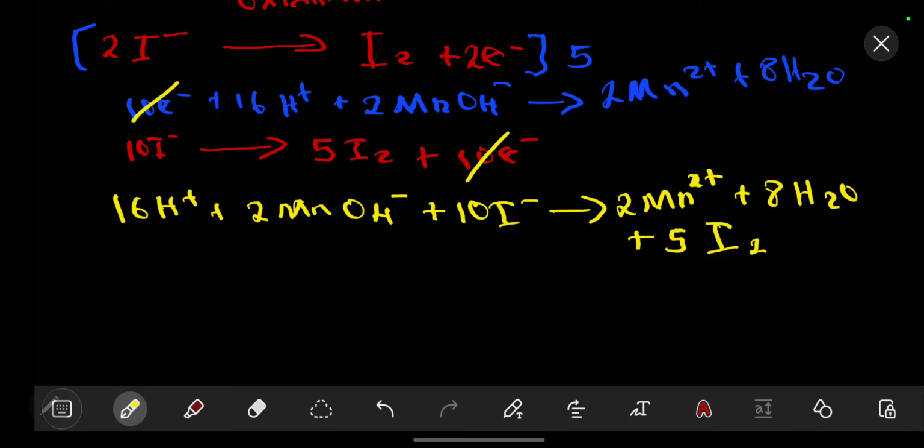So this is how we balance equations in acidic media.